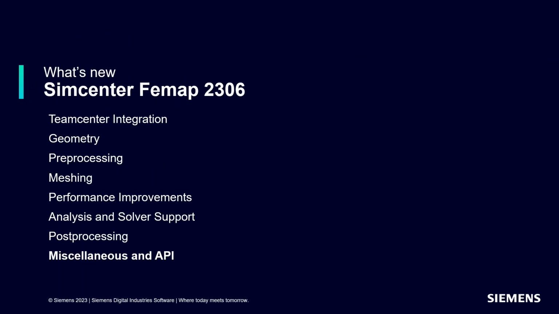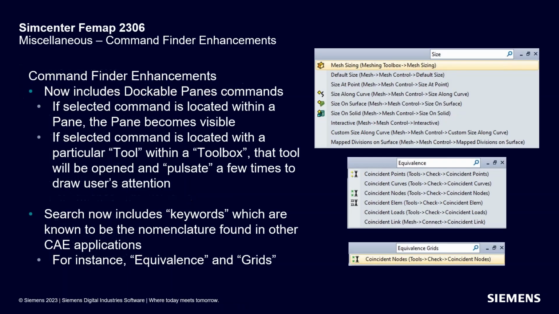All right, getting to the end of this webinar, we're going to cover some of the last miscellaneous and API improvements. So in 2301, I think it was 2301, the command finder was vastly improved.